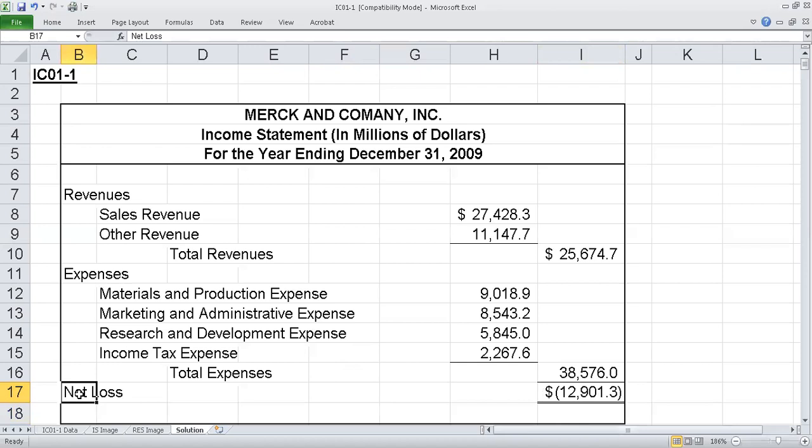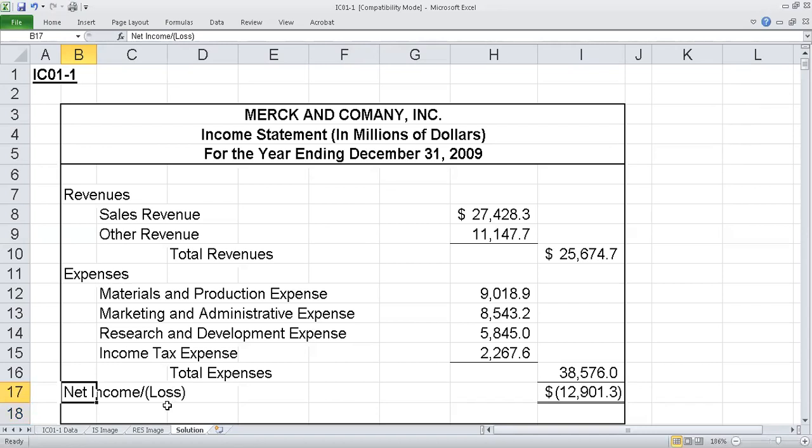Say net loss. What some companies do is they write out the final line of the income statement this way. They say net income slash loss with the loss in parentheses, so that the reader knows that if the number is in parentheses, it's a net loss as opposed to net income.